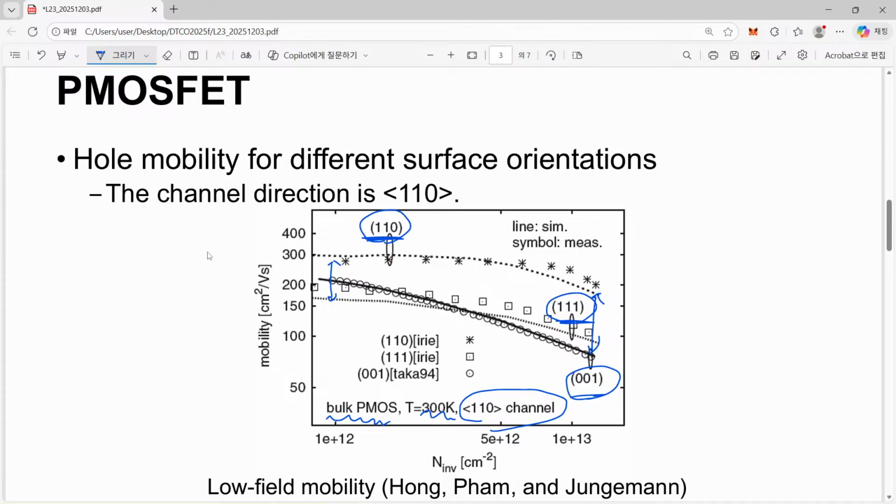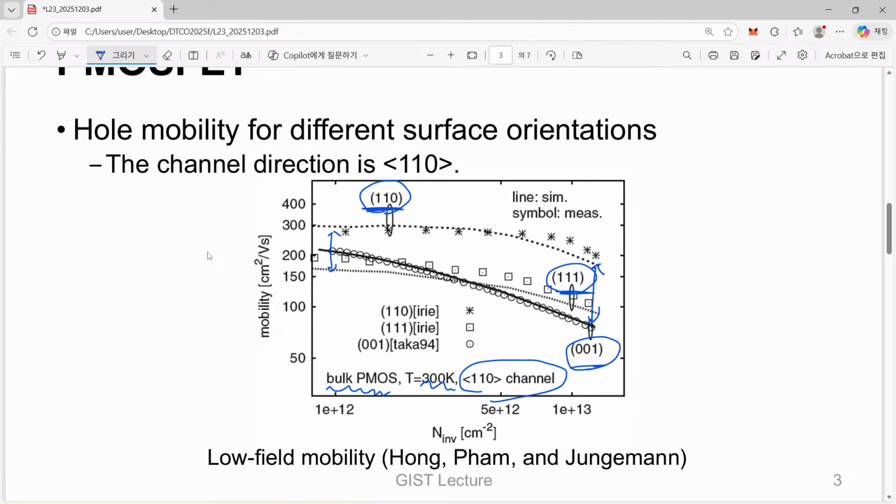This is actually the inversion mobility, not just the bulk mobility of our p-type silicon, but what we get when we actually fabricate our p MOSFET with different wafer surfaces. You can see that the mobility of the 110 surface is somewhat higher than the other ones.